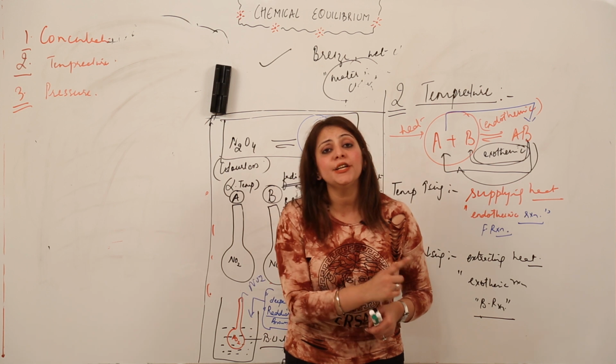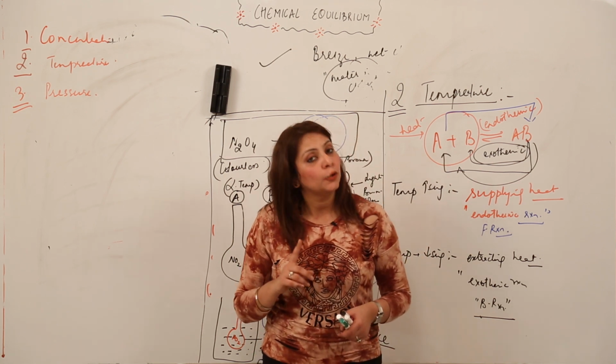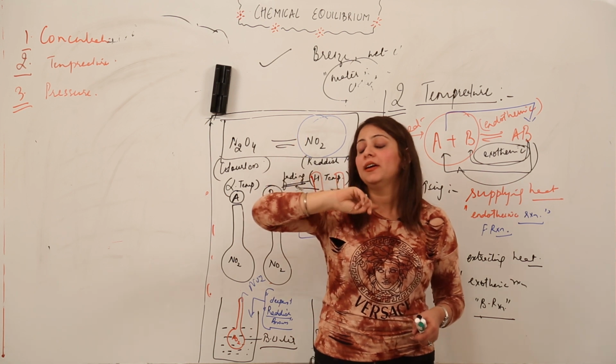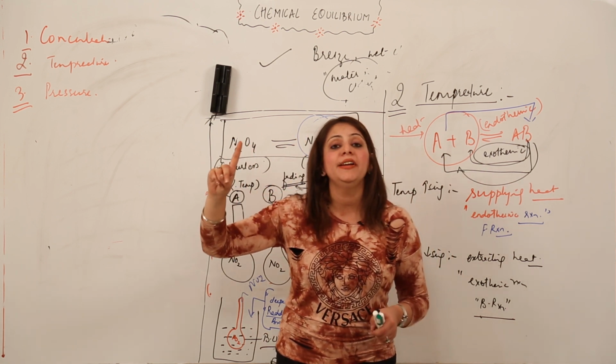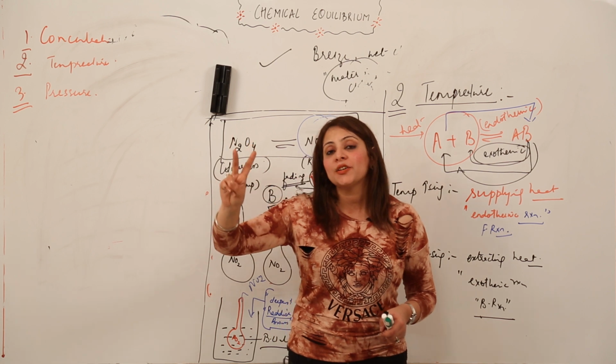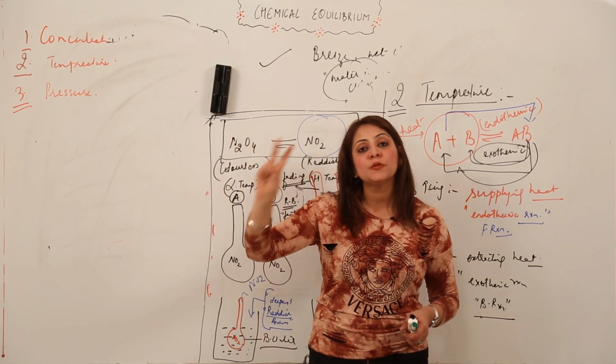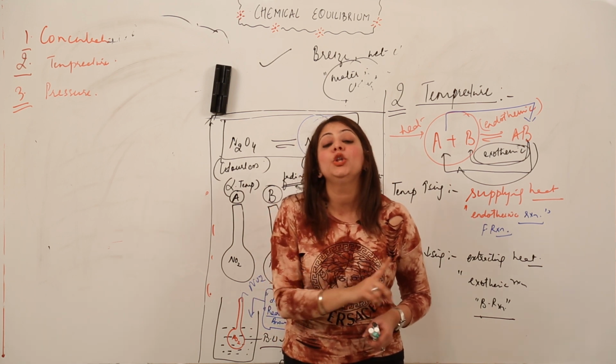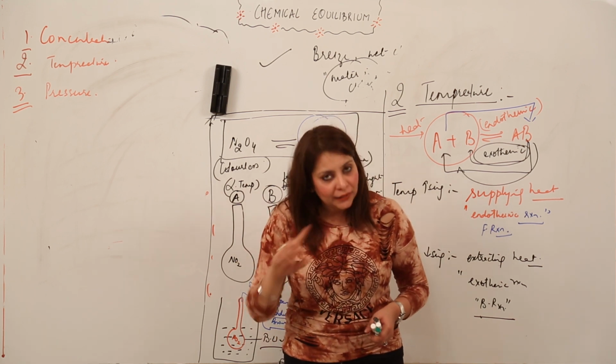So under that condition also the pressure is not going to affect the equilibrium, right? So one is that the reaction does not involve any gaseous component, and the other is that the number of gaseous moles of reactant and product are the same. Under these two conditions the pressure will not affect the equilibrium in any case.